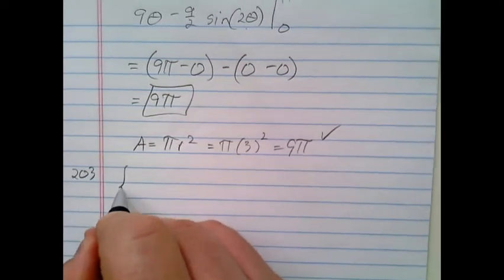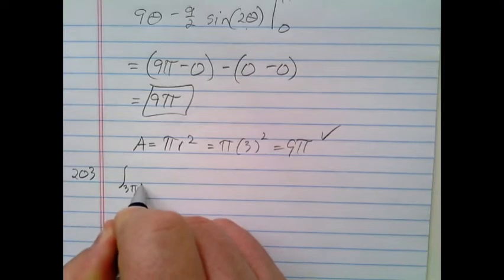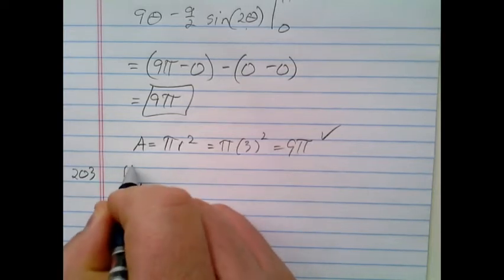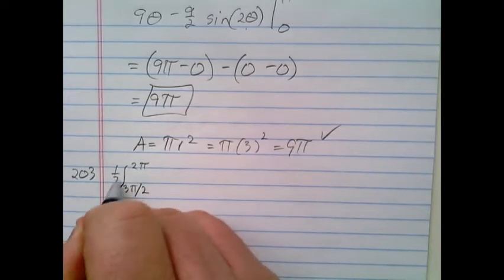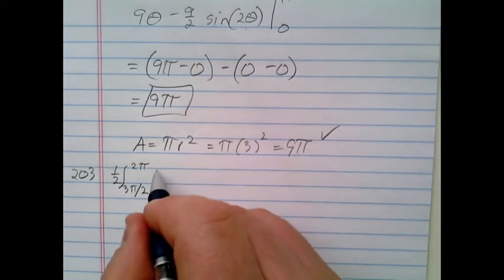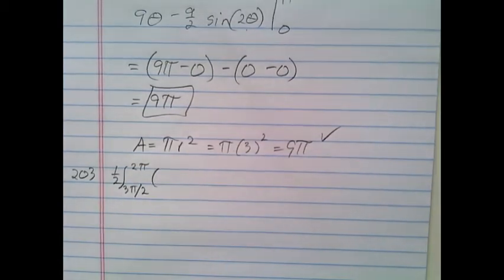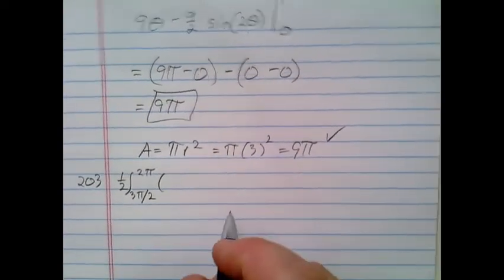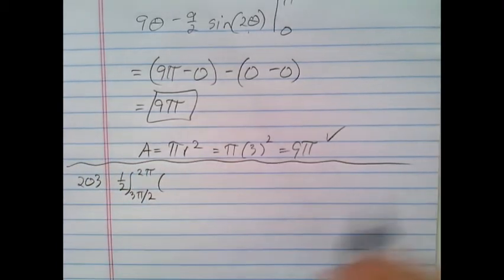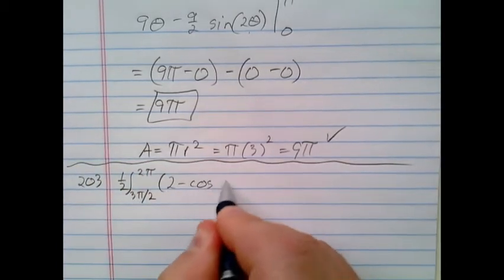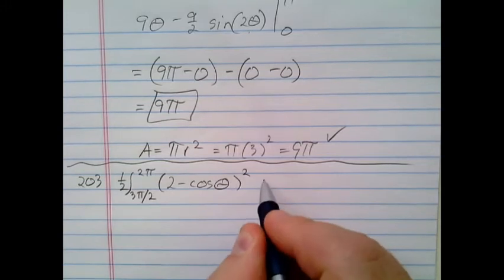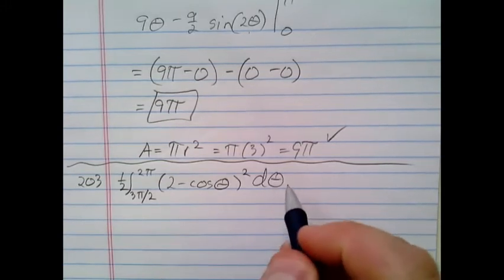Alright, so we're going to integrate from 3 pi over 2 to 2 pi. We'll put a 1/2 on the outside. And then remember our function was, oh gosh, I've already forgotten. What was it? 2 minus cosine theta, but we got to square it because we're doing a polar integral.